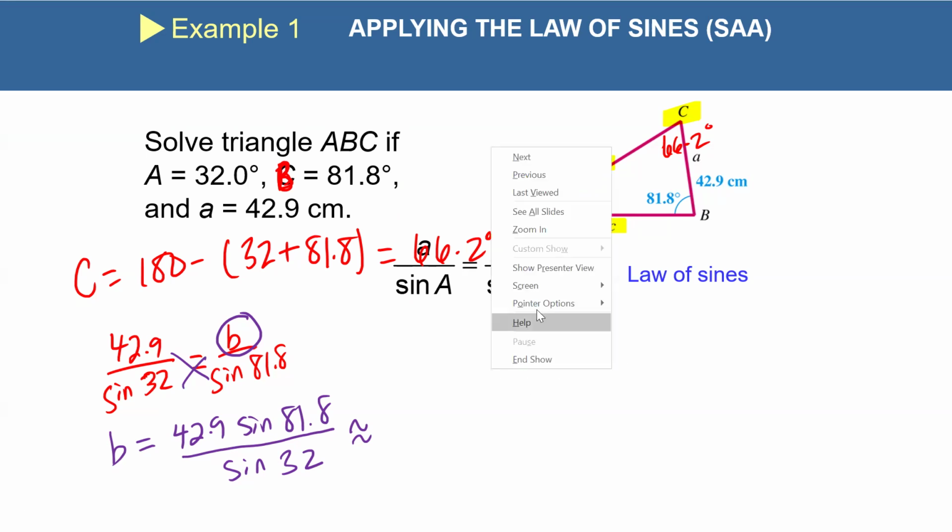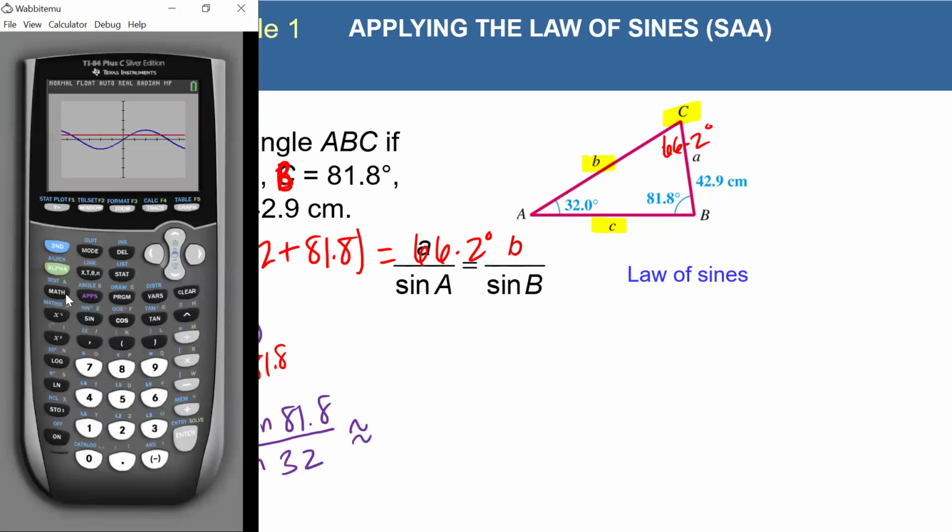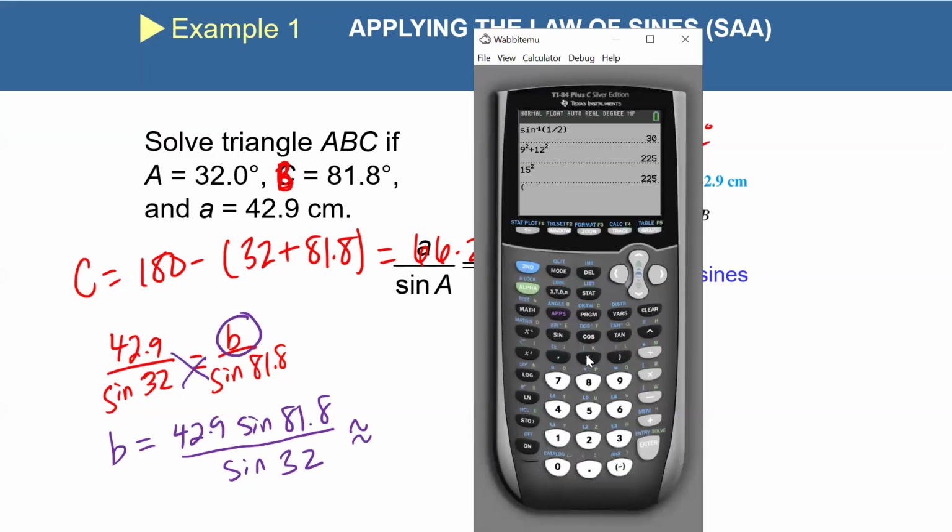So we're going to go to our calculator. I need to make sure I'm in degree mode. So I'm going to go to mode, switch from radians to degree. And now I'm going to input what I have. I can't do a numerator and denominator, so I've got to use parentheses. 42.9 times the sine of 81.8 was my numerator, divided by sine of 32.